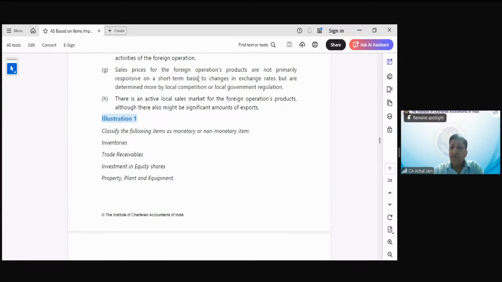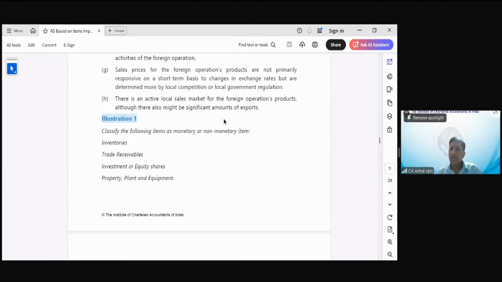Very good. Isha and Julie say it's non-monetary. Very good. Trade receivables, monetary or non-monetary? Monetary. Very good. Almaz is saying monetary. Investment in equity shares, monetary or non-monetary? Shiv is saying non-monetary.